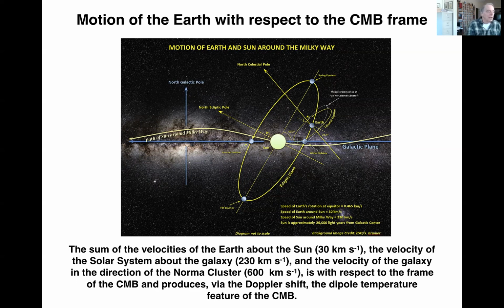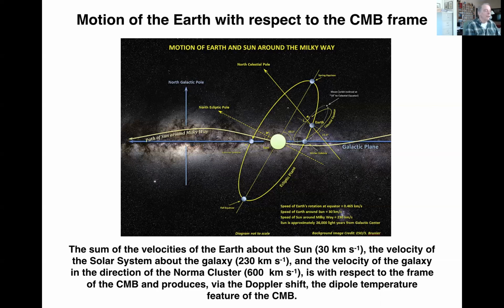And the whole galaxy is drifting towards a constellation. I think it's in the constellation Hydra, near there, I'm not sure. But the drift of the galaxy is about 600 kilometers per second.